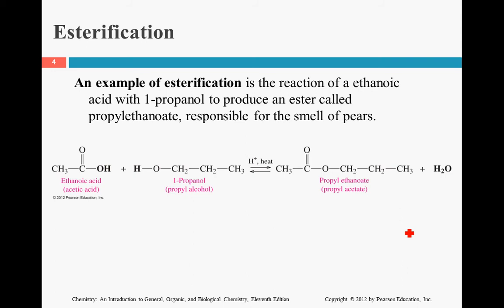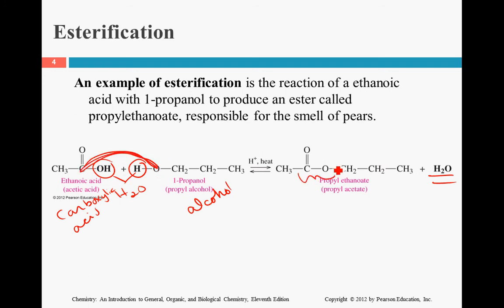Here's another example. Here's the OH group and the H that come together to form water. This is your carboxylic acid and your alcohol. Then these two, the carbon and the oxygen, hook up right here. To name it, draw a line between the O's.